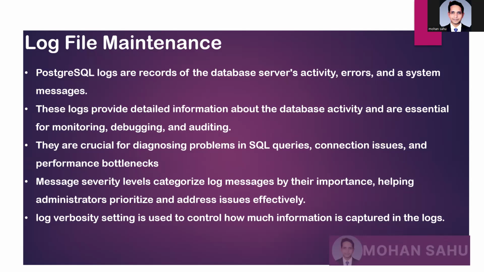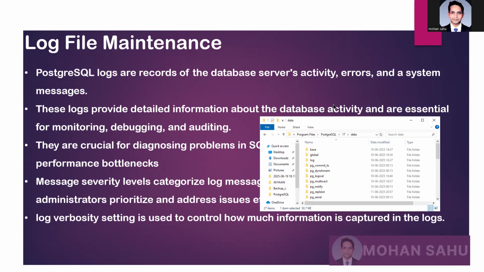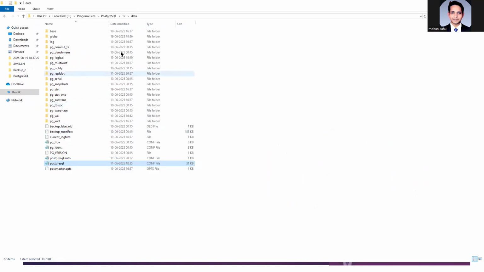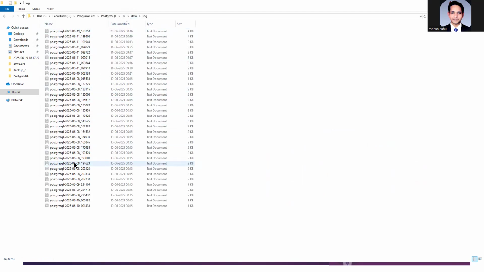So let me show you where we have the error log files in PostgreSQL. It will be in the data directory. If you go and check here, you can see all those are the log files. This is not the transaction log, it is the error log files, right? If you open this, it will give information.